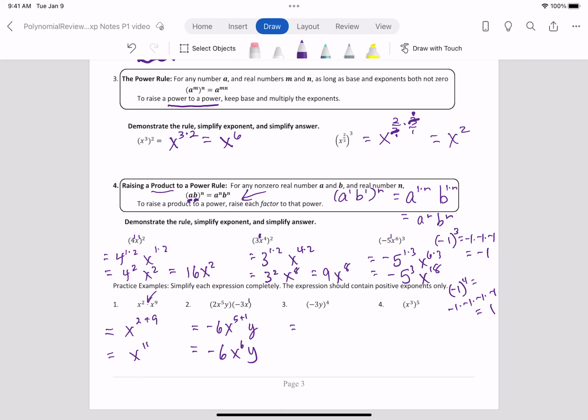So we don't need to worry about the negative here. We're just going to look at this as 3 to the 1 times 4, y to the 1 times 4. So that's going to give me 3 to the 4th, y to the 4th. And again, you can leave the answer that way. If you want to evaluate 3 to the 4th in the calculator, you can.